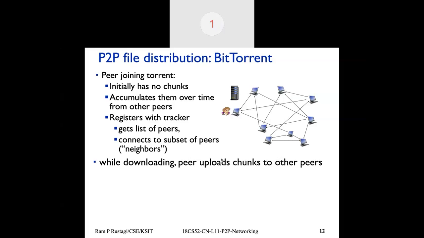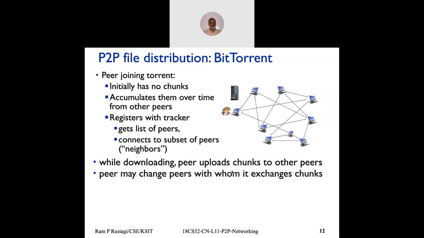And then it starts connecting, gets the list of chunks with each peer, and starts downloading chunks. As well, whatever chunks Alice, the new peer, has got, it starts sending to other peers. Now peers may come, peers may go, and a peer has to keep updating the tracker saying I'm still there, so the tracker knows which are the peers.